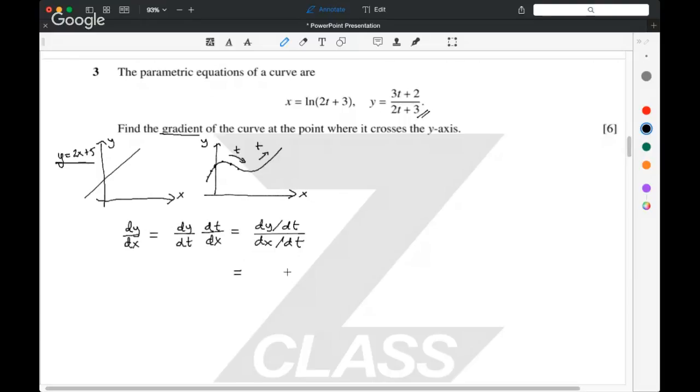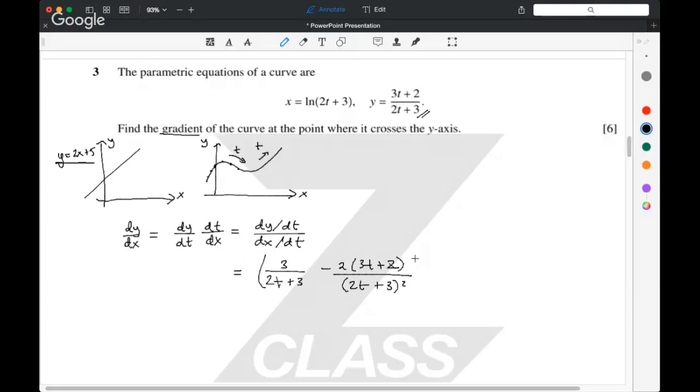If you know the quotient rule and the product rule, you probably won't get it wrong. But just to be sure, I'm going to use the product rule version: 3(2t plus 3) minus 2(3t plus 2), over (2t plus 3) all squared.